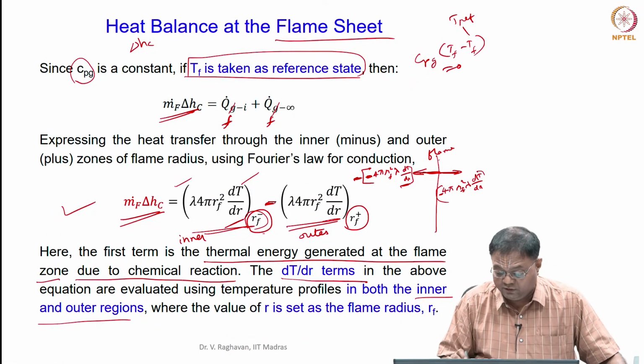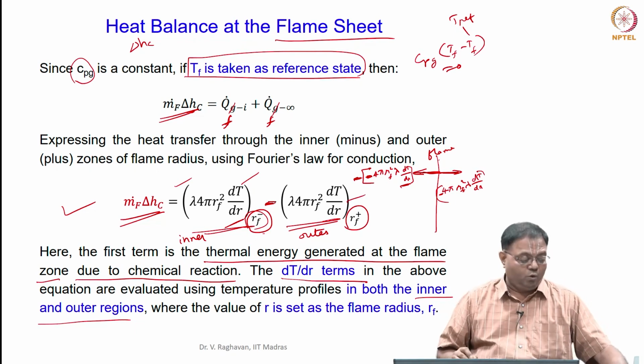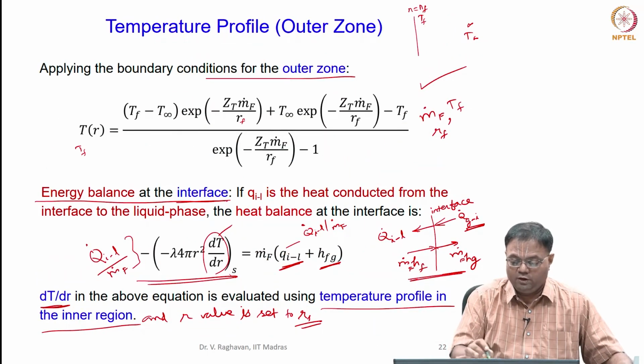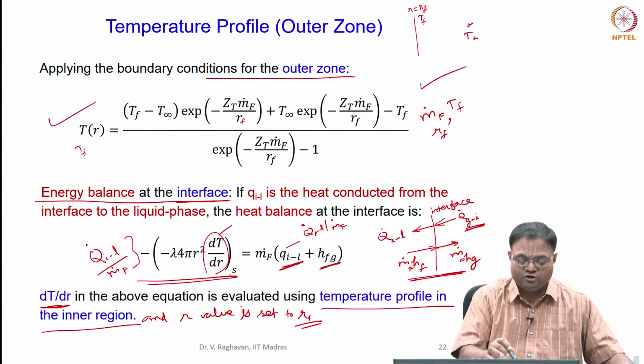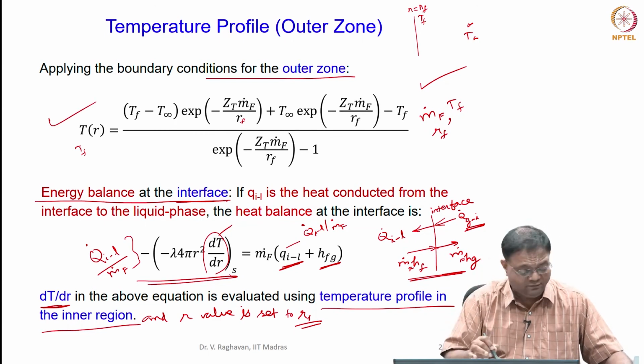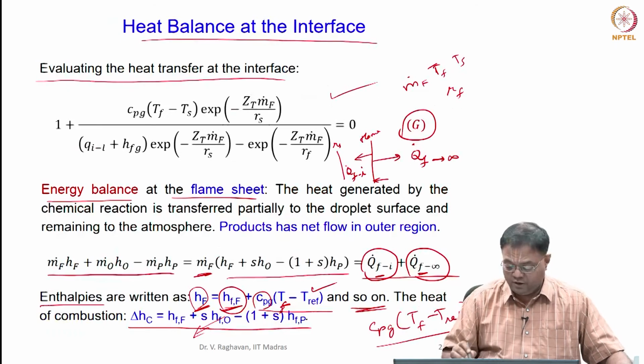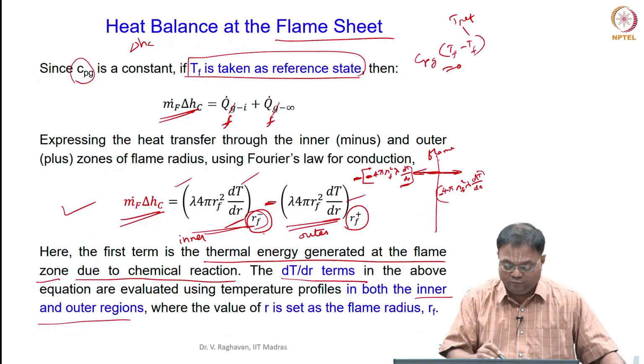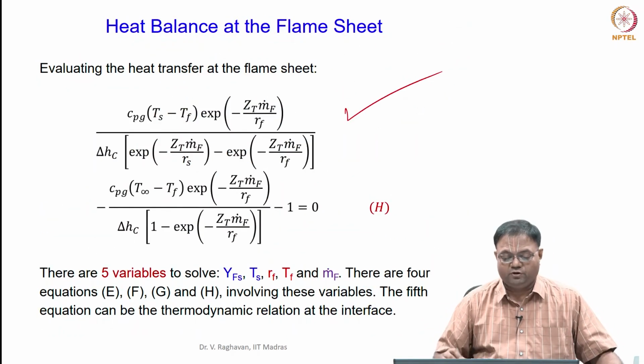In the other one, this derivative I will take from the outer zone, differentiating this profile with respect to the radius and setting R equal to RF. So, I will get the values here. So, when I do this, I get the fourth equation.